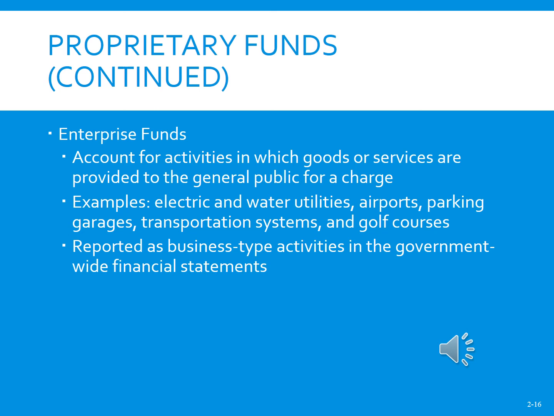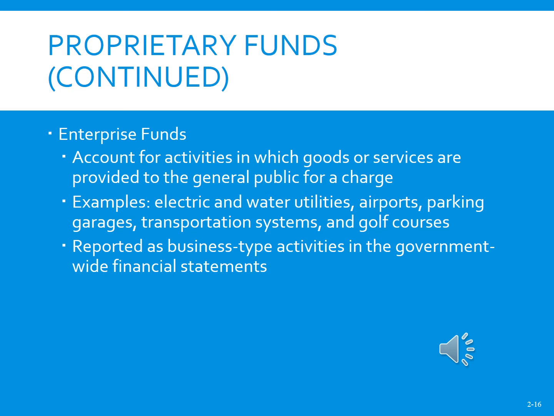Again, I keep going back to these government-wide financial statements, the overview of the framework that you go over in Chapter 2 and Module 2, that is included in Canvas as a separate video.